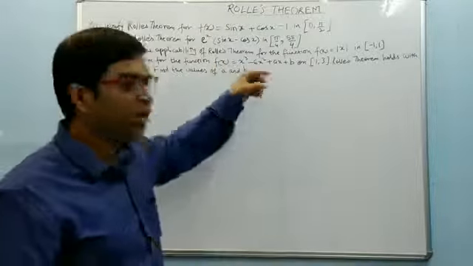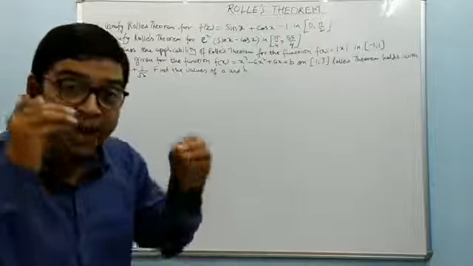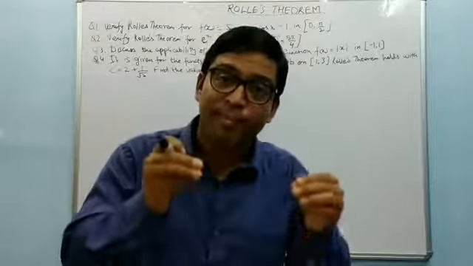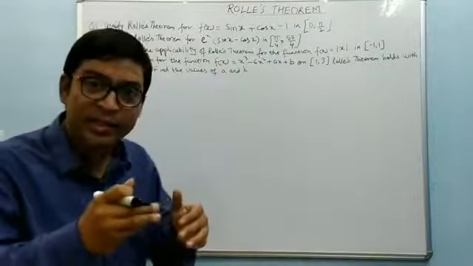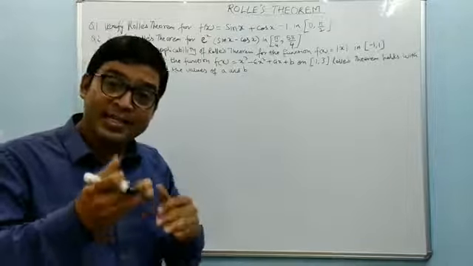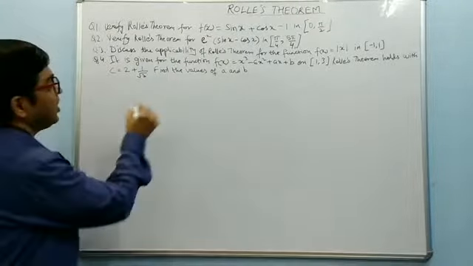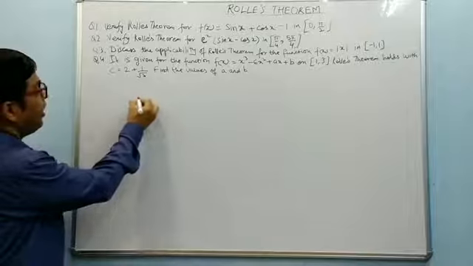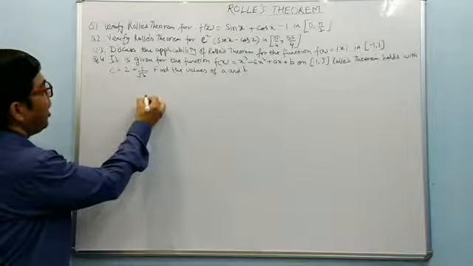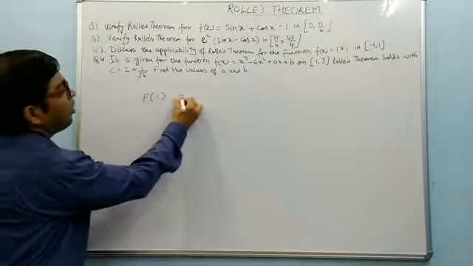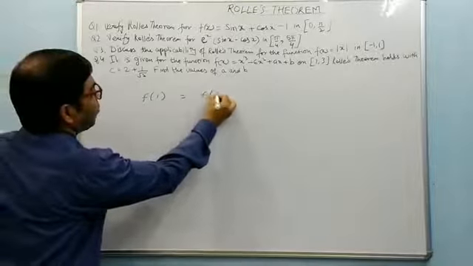That means this is continuous, that is differentiable, and f(a) is equal to f(b). We need to take the conditions as granted. So if we just write f(a) is equal to f(b), that means f(1) is equal to f(3).